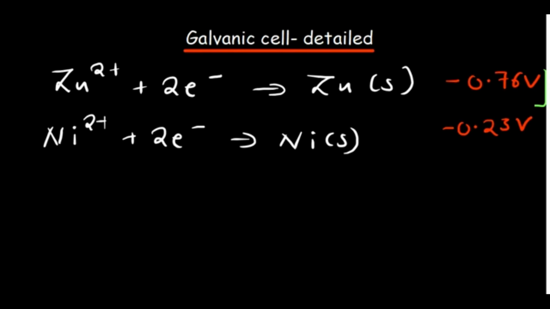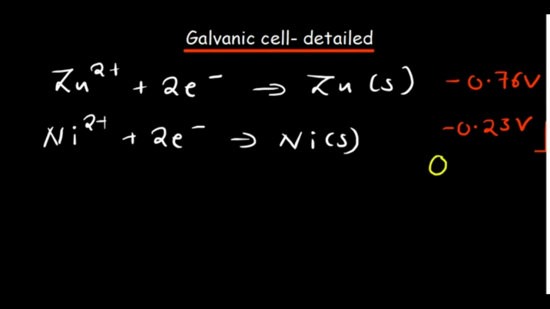As things stand now, what we want is to get a positive standard cell potential. Whenever you reverse a half reaction, the sign of the reduction potential changes. That's very important. Now, assume we reverse the second half reaction.